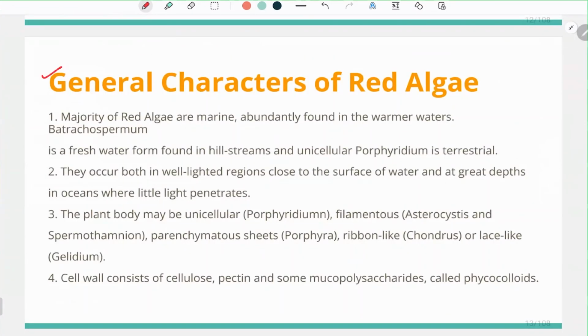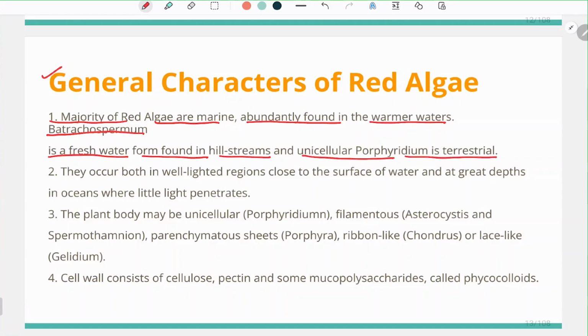General characteristics of red algae. Majority of the red algae are marine, abundantly found in warmer waters. Batrachospermum is a freshwater form found in hill streams, and unicellular Porphyridium is terrestrial. Secondly, they occur both in well-lighted regions close to the surface of water and at greater depths in the ocean where little light penetrates.